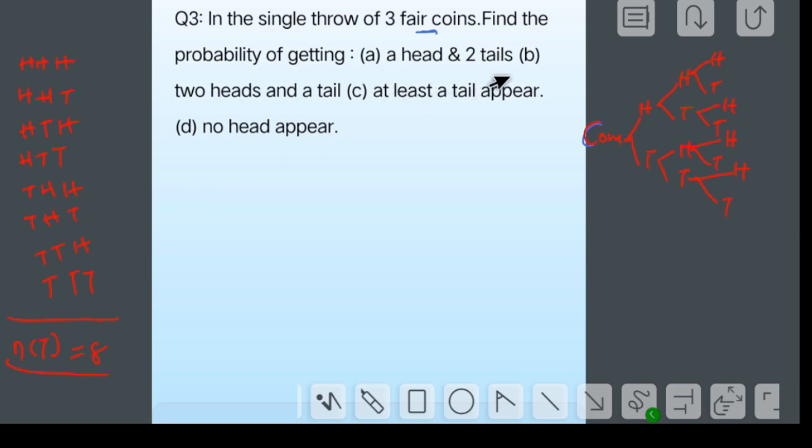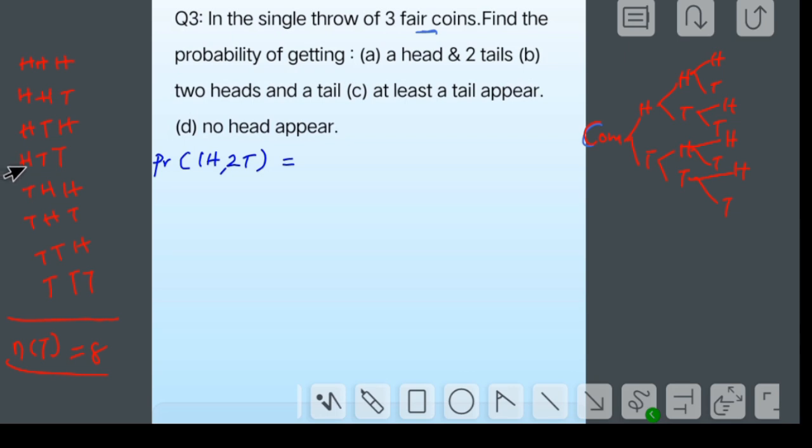Now, the first question is probability of getting a head and 2 tails. Anywhere we see just one head and 2 tails. Let's search. Here we have 3 heads, 2 heads, 2 heads.